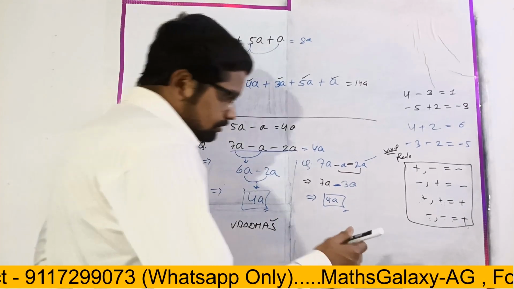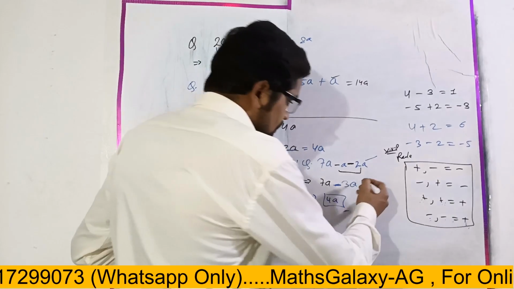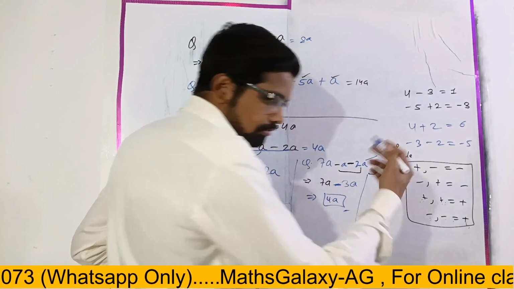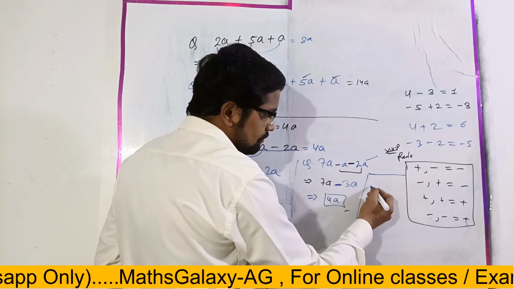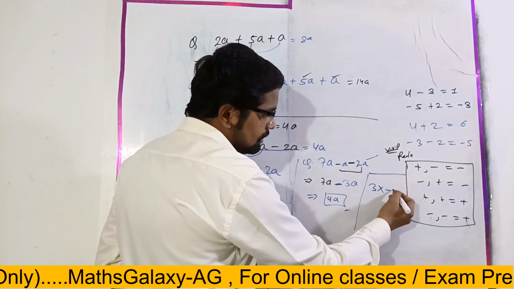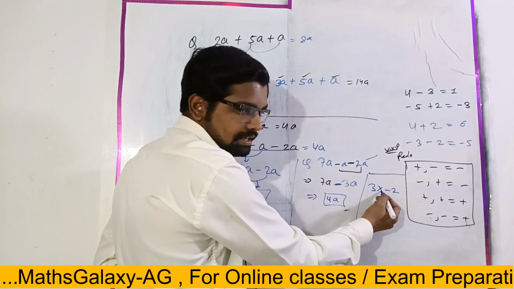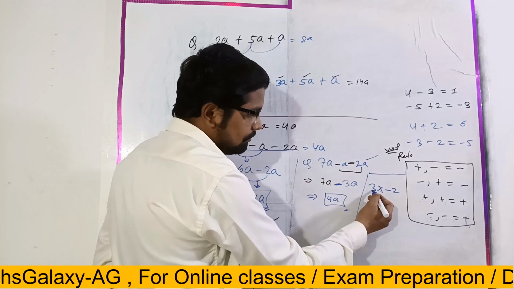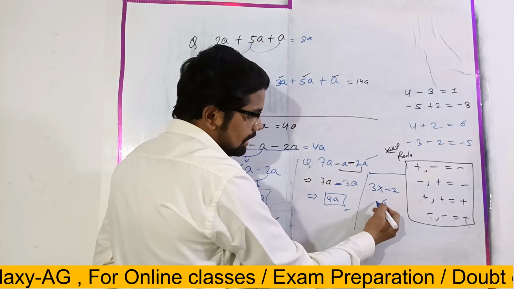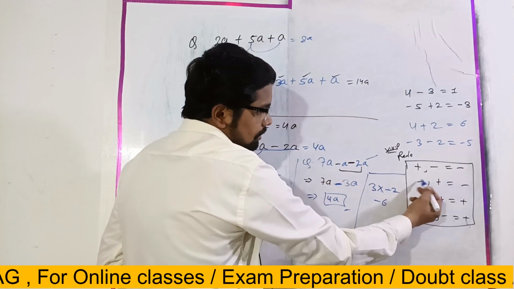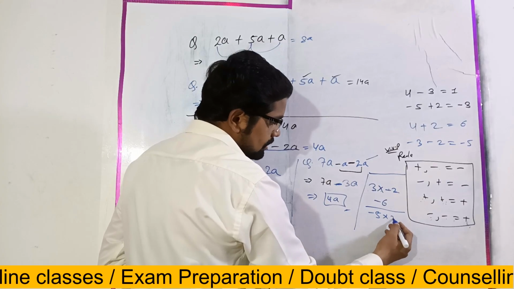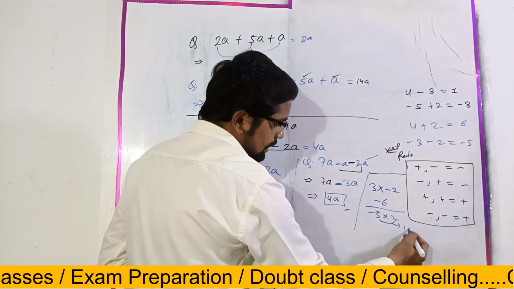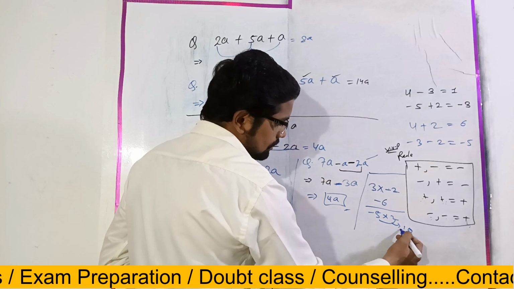Let's see here, just an overview. For the multiplication or division operation, plus minus: if one is plus and the other is minus, like 3 multiply minus 2, then it will be 3 times 2, 6, and the sign will be minus. Now minus plus: minus 5 multiply 2, 5 times 2 is 10 and the sign will be minus.